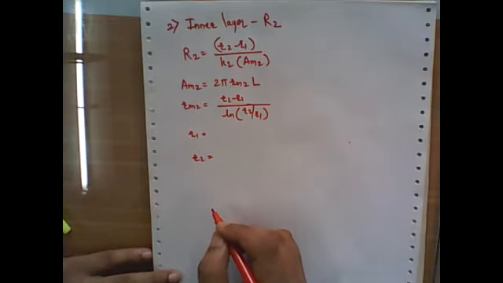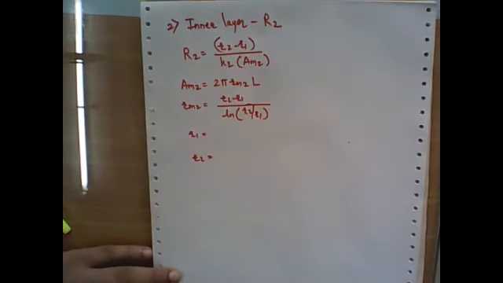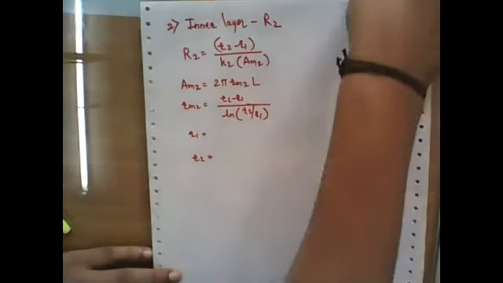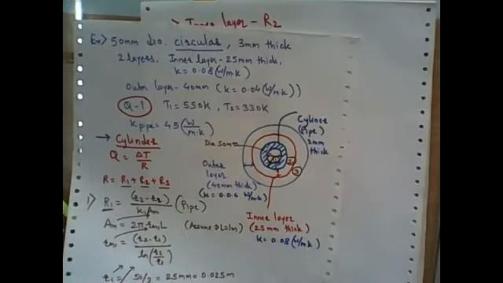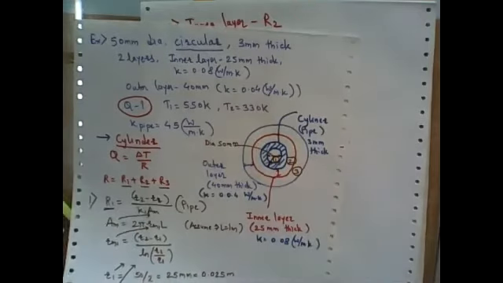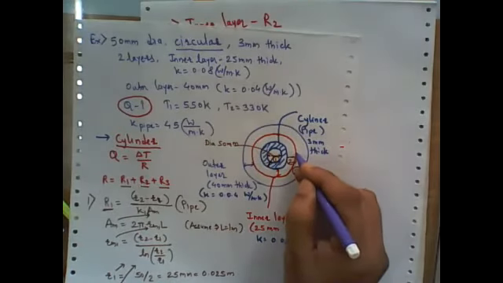Because in the previous case, the small r1 and r2 are the inner radius and outer radius of the pipe. Now for the inner layer case, the radii are different. If you observe this diagram again, please note that now we are talking about this layer, right?